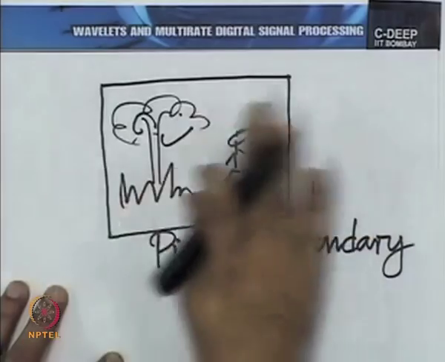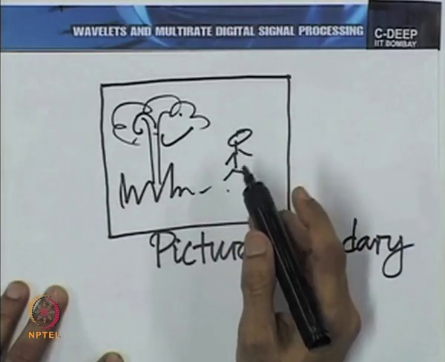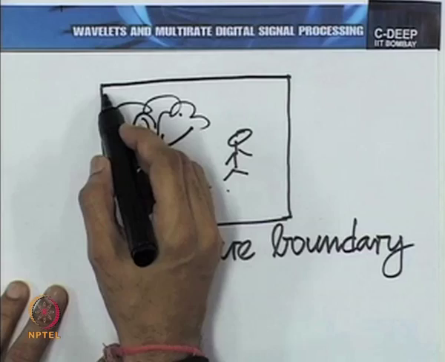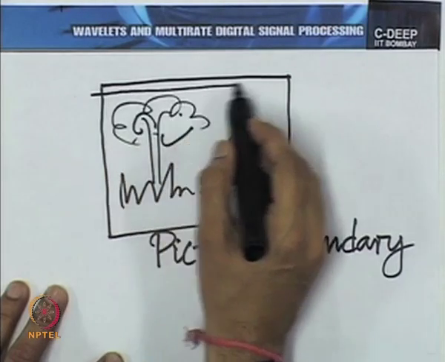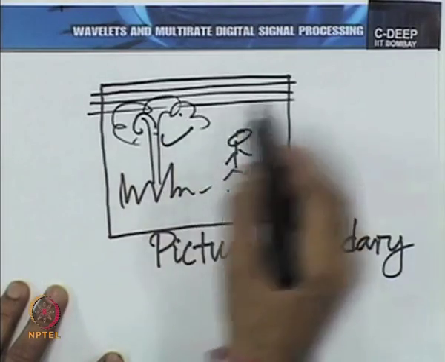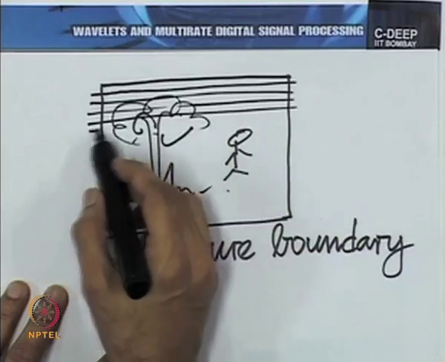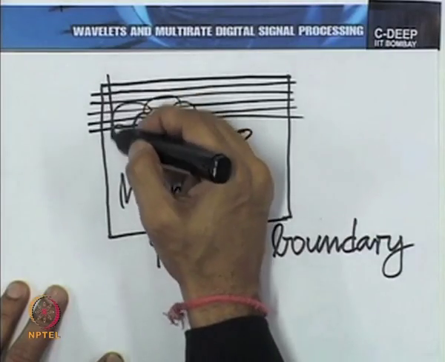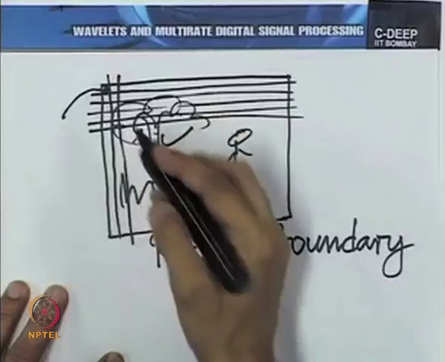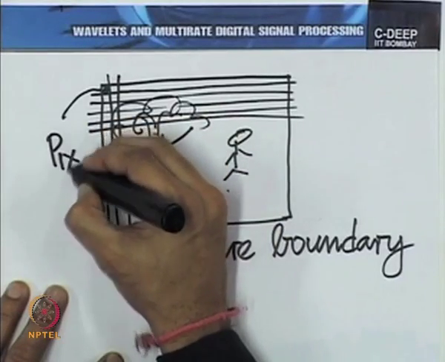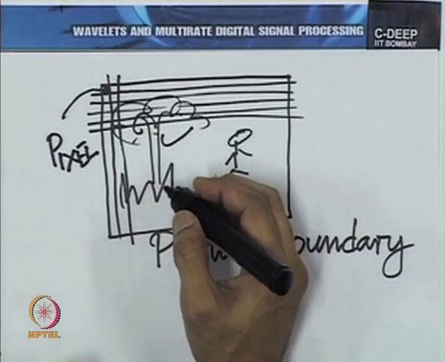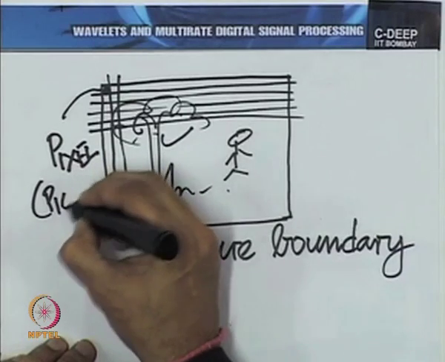Now, this is inherently a continuous picture. How do I represent it on the computer? I divide this entire area into very small sub areas. So, I visualize this being divided into tiny, what are called picture elements or pixels. So, each small area here is a pixel. A picture element, so to speak.